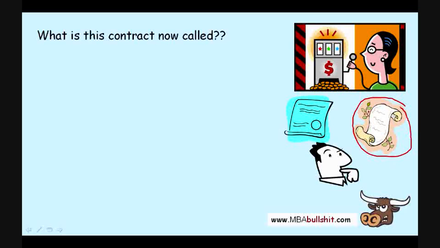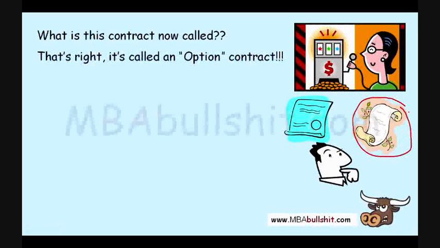It's pretty clear. Question. What is this contract now called? What do we call this contract? I'm sure you can guess. It is called an options contract or an option contract.